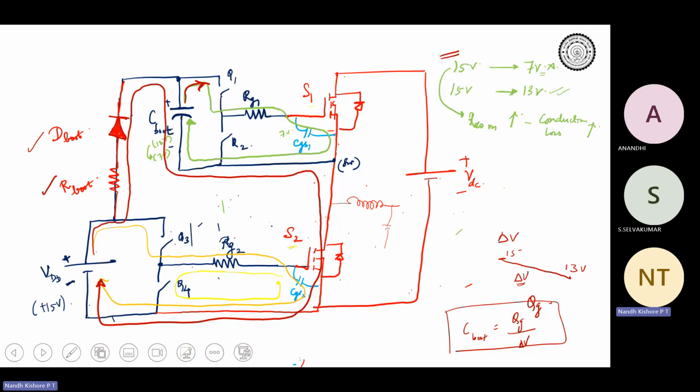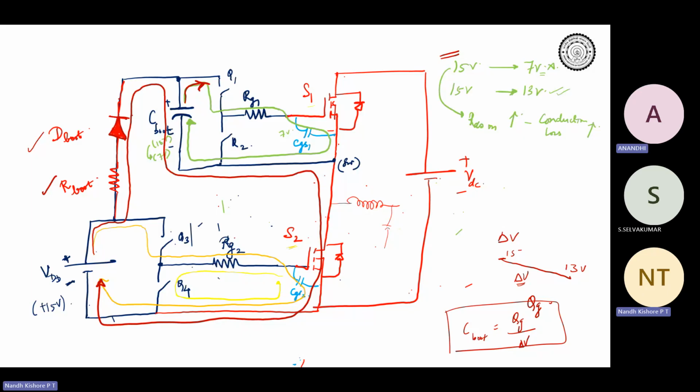So your question is S1 is shorted, and S2 is, let's say, a proper device. Okay, that is your question, right? So at some point I will try to turn on S2, and then there will be a short circuit across VDC. That's your concern, right? Yes, sir.